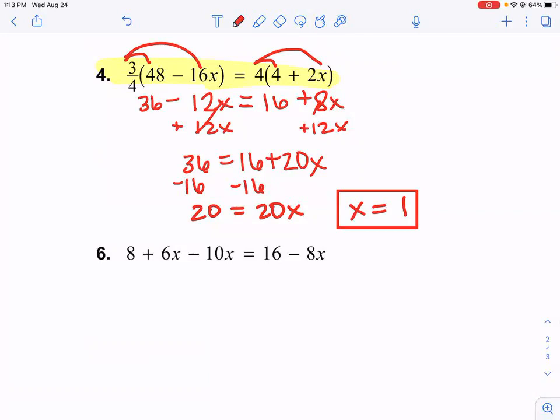So we have 32 times 3/4. 24. Okay, does that equal 4 times 4 plus 2 times 1? Woohoo!